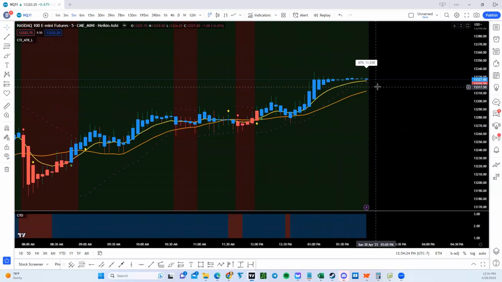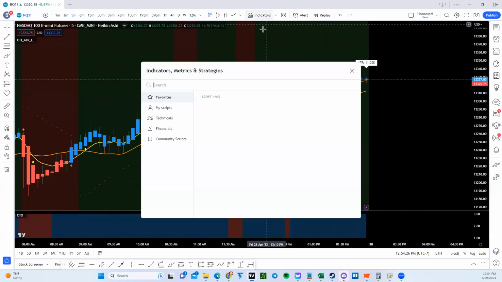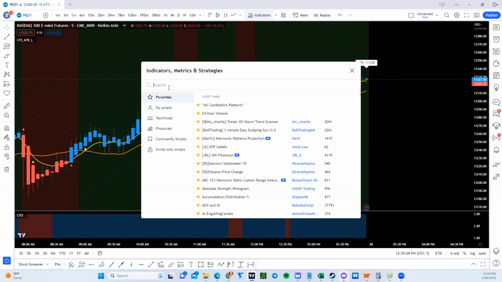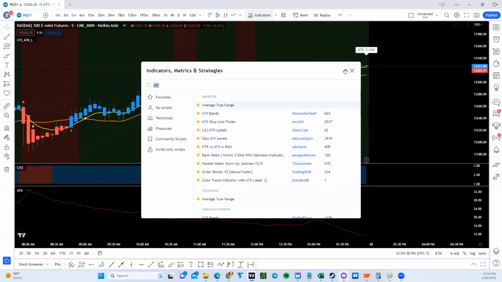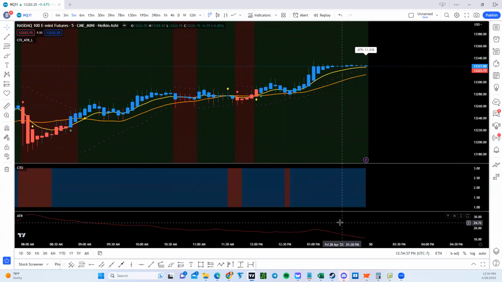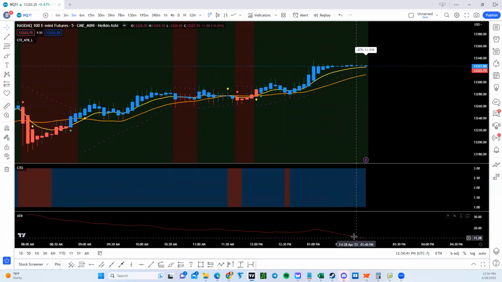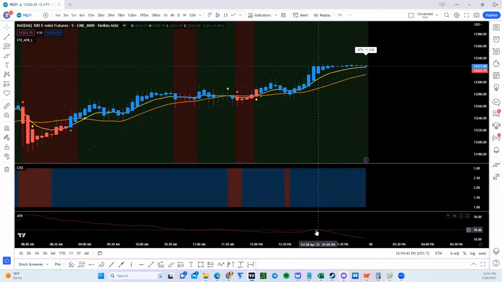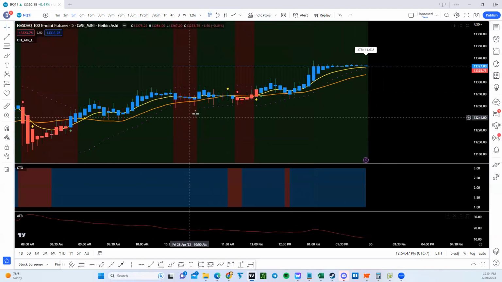For me, honestly, I like to have the average true range oscillator on, because you use the average true range, and this is kind of in the descriptions of the indicator, as a way of being able to determine what you could set your stop losses and take profit at.